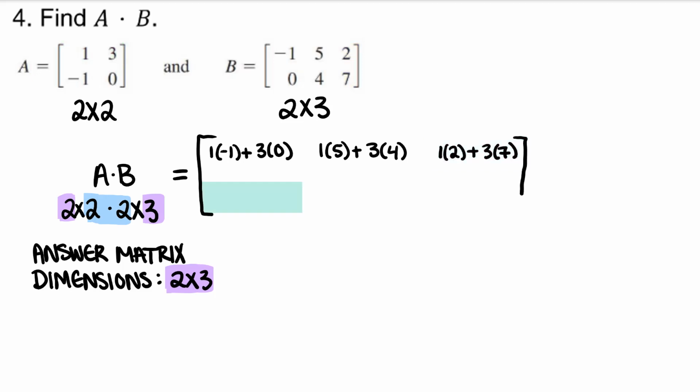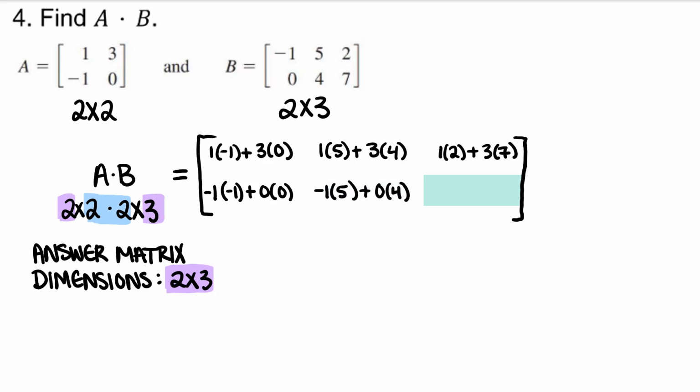For the entry in the second row and first column, we will find the inner product of the second row of A and the first column of B, -1 times -1 plus 0 times 0. For the entry in the second row and second column, we will find the inner product of the second row of A and the second column of B, so -1 times 5 plus 0 times 4.